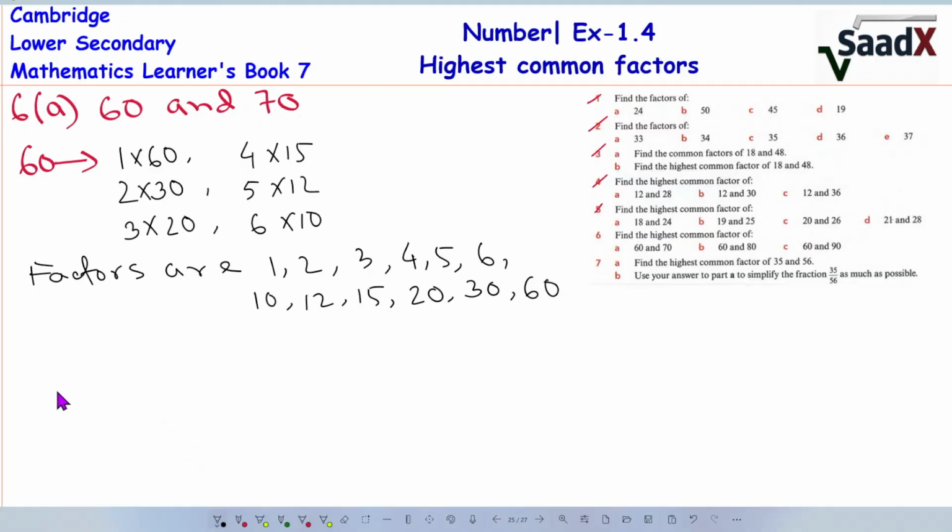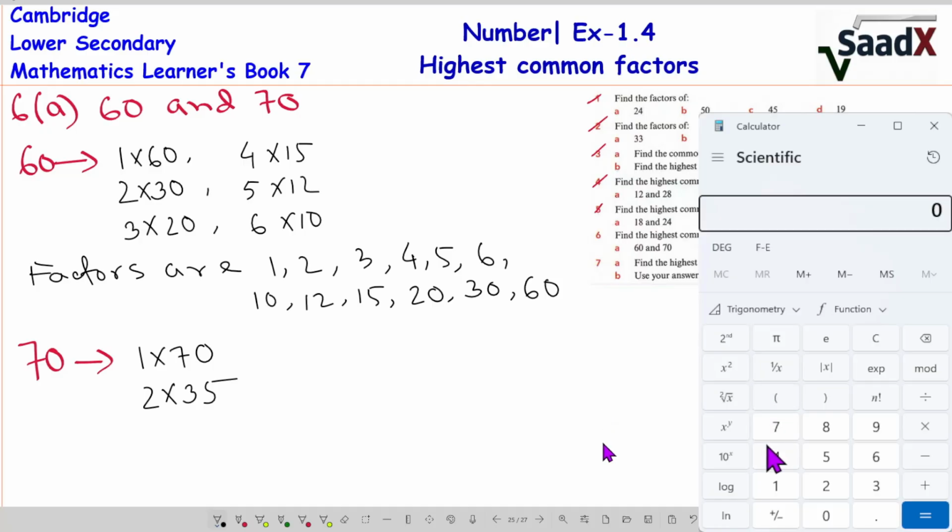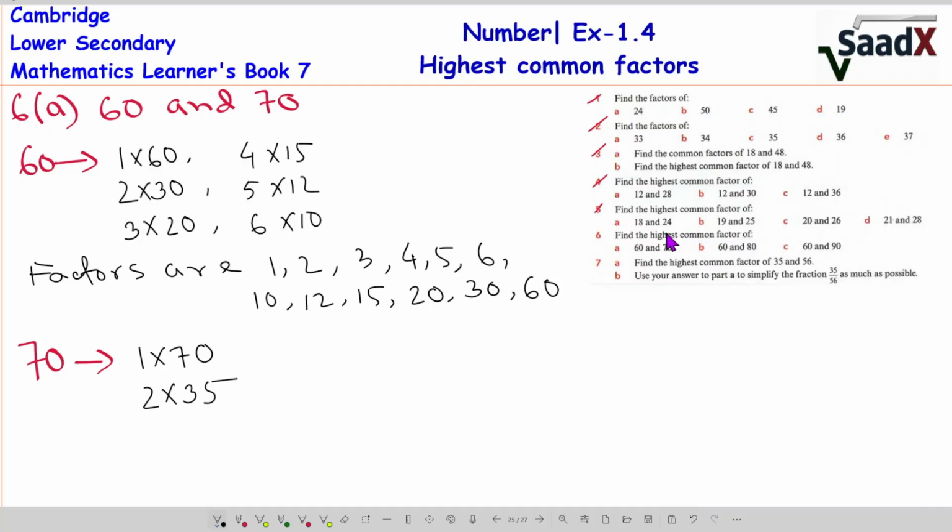So 60 done. Now 70. This one first, 1 times 70 is a 70, 2 times 35, 3 is not possible, 4 does it possible? 70 divide 4 is not possible.